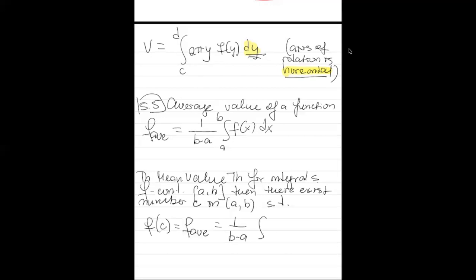In other words, think about the temperature again. If the average temperature is, let's say, 34 degrees, is there a particular time in a 24-hour period where it reaches that? Yes, at least one.